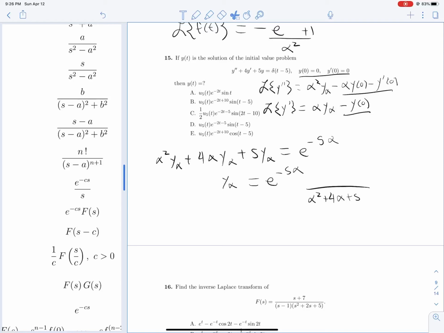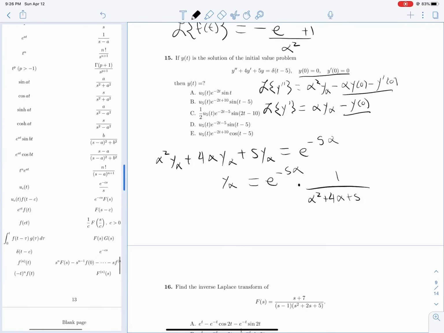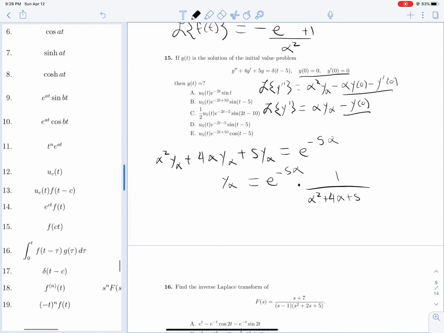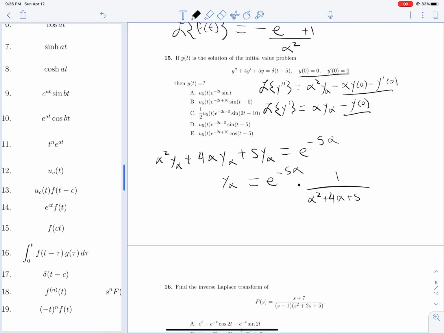So we have a function in the form e to the negative cs times some function of s, or alpha in our case, and the inverse Laplace transform of that is uc of t times the inverse Laplace transform of this guy right here, but we'll replace all of the t's that we get with t's minus c.